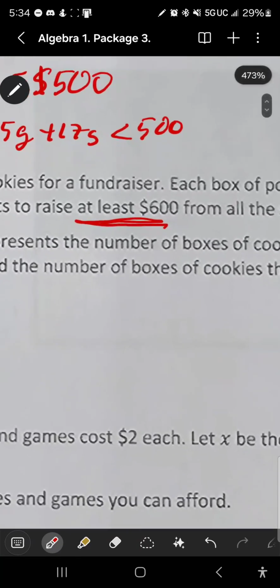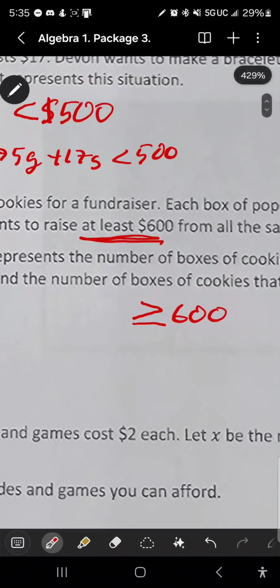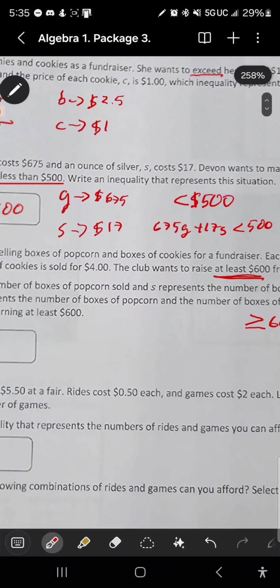So this "at least" is telling me that the minimum it can be is 600, and it is possible to be exactly 600. So it's going to be greater than or equal to 600.